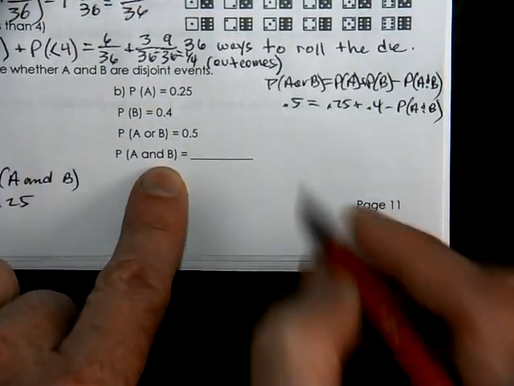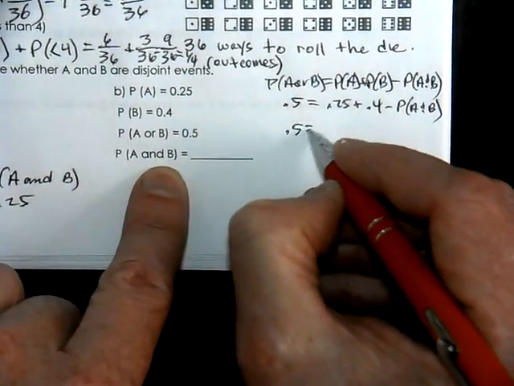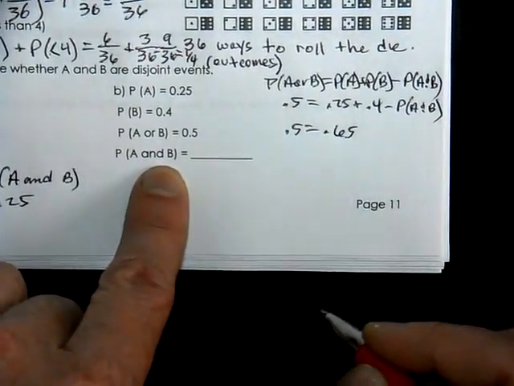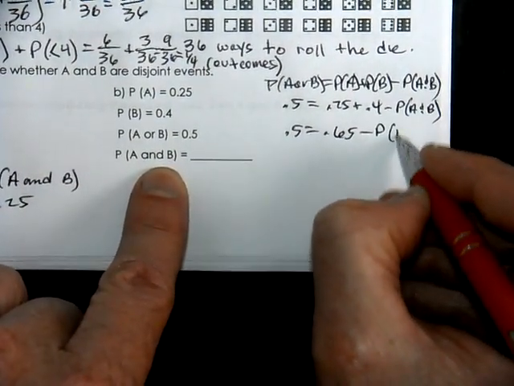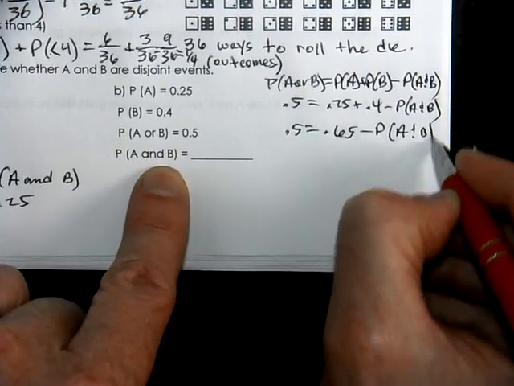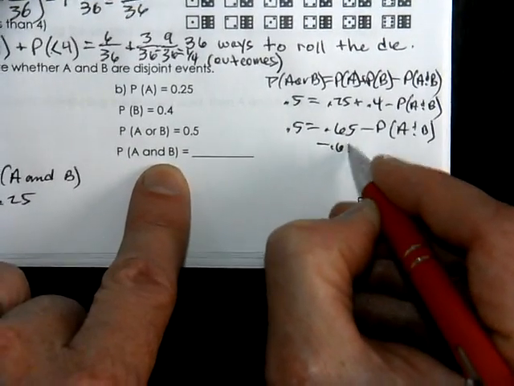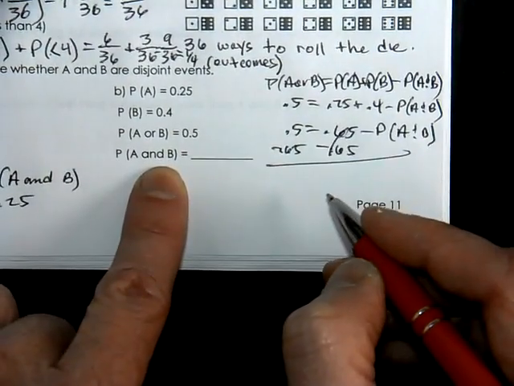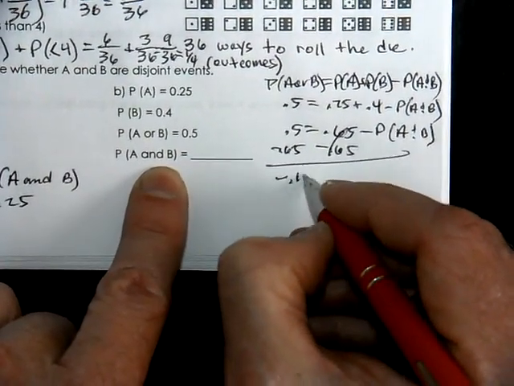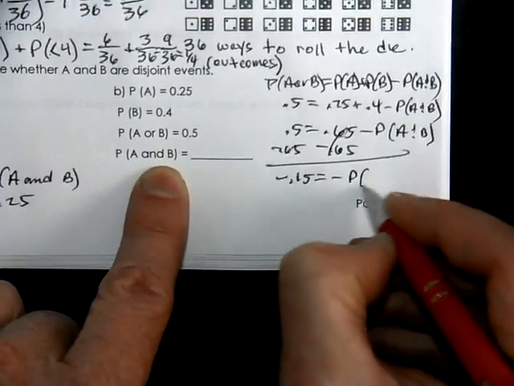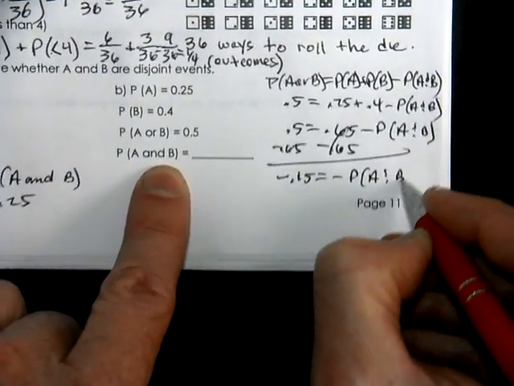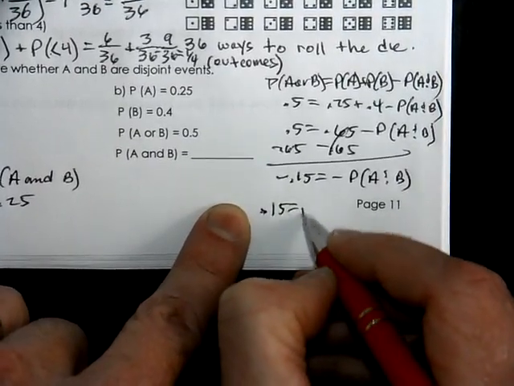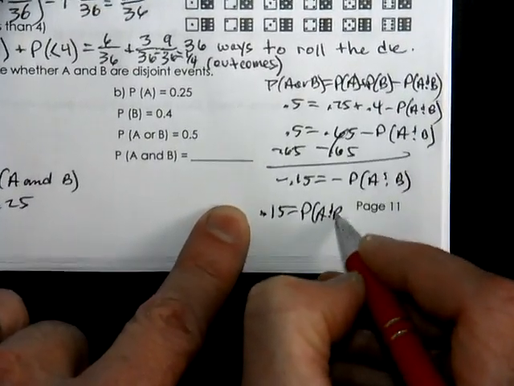So it's just an algebra problem. We add those two together and we get 0.65. Subtract the 0.65. We should be getting a negative answer. And then you divide by the negative. Just an algebra problem.